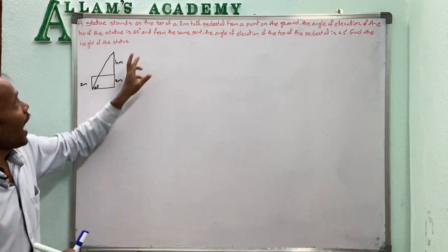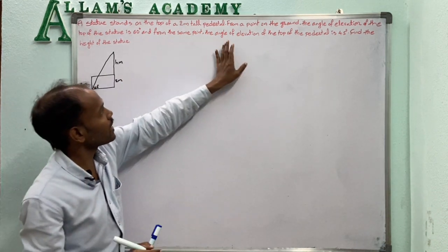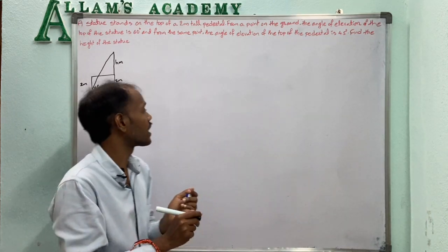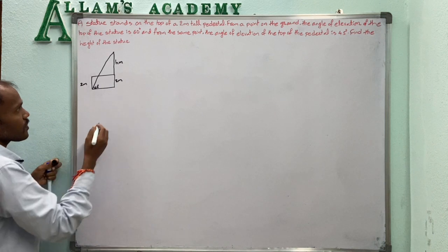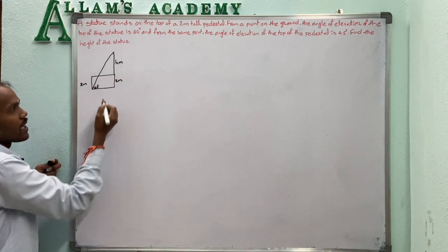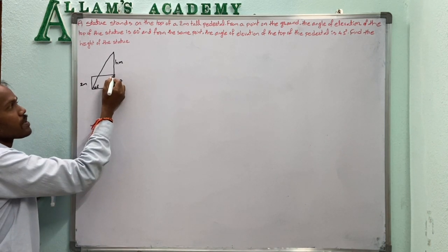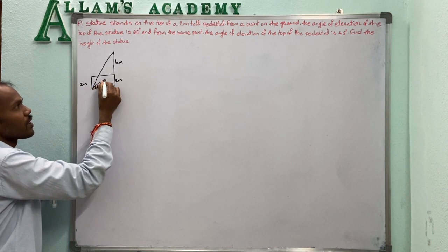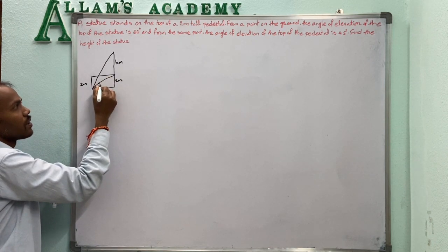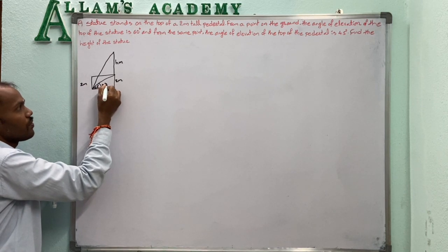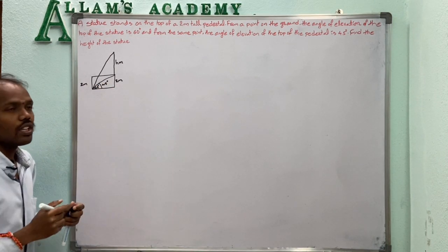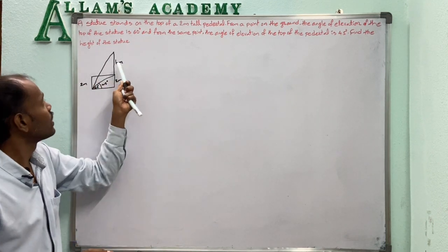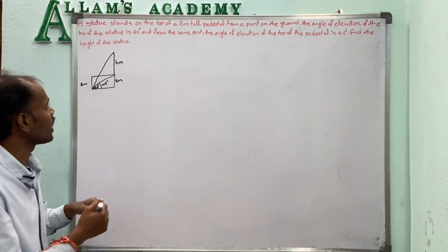Next, from the same point the angle of elevation of the top of the pedestal is 45 degrees. Now, it will be observed with 45 degrees from the same point only. So, now we have to find the height of the statue, that is nothing but the h value.